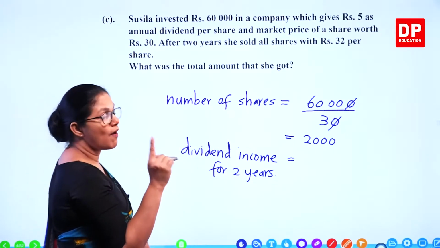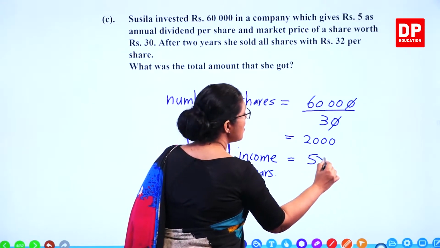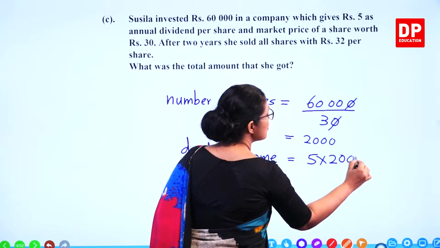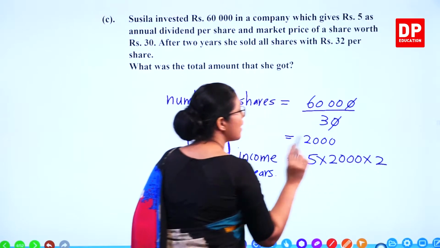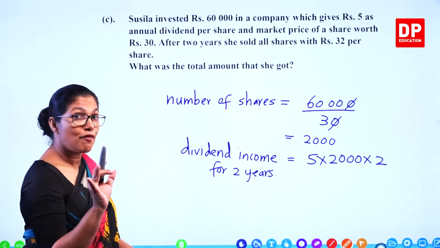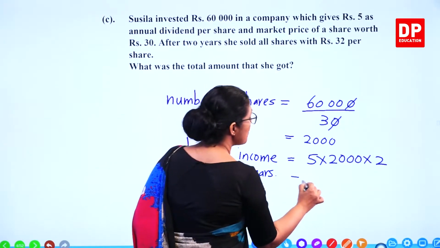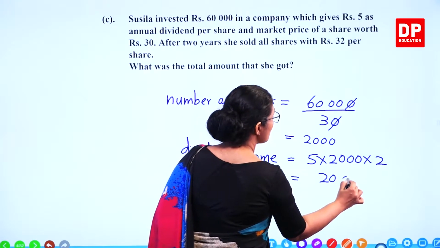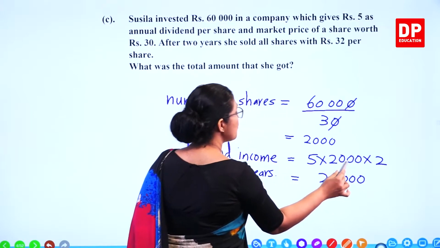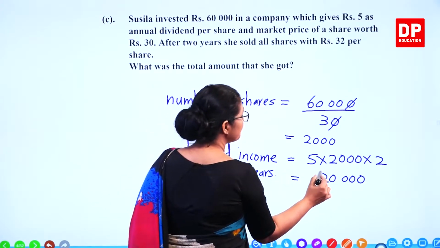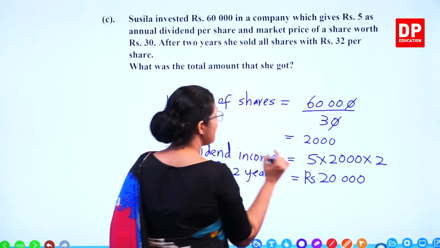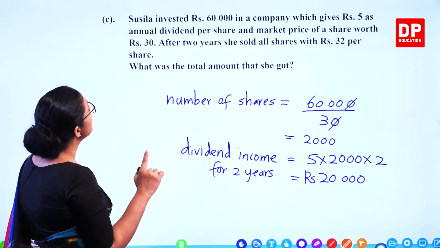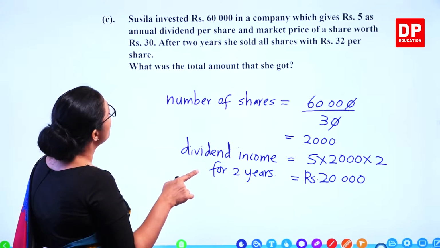Each one worth 5 rupees, and there are 2,000 shares, and multiply by 2 to get the dividend income for 2 years. So 5 times 2, 10, 10 times 2, 20. So you get 20,000 rupees is the dividend income.